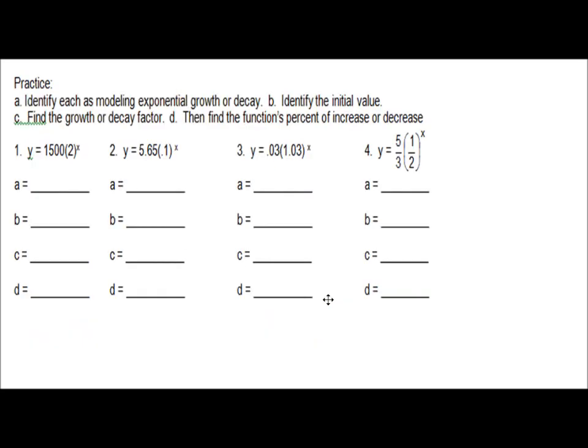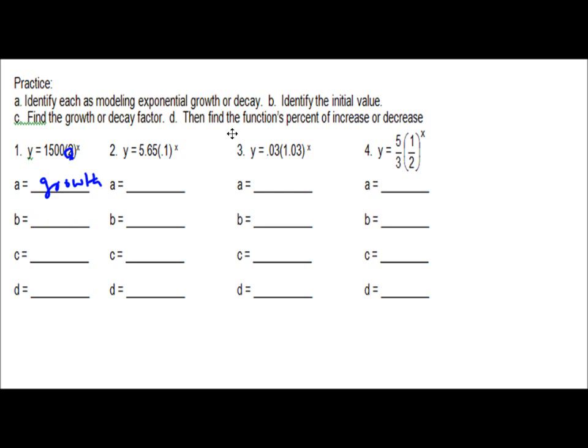Let's look at this practice. This is a good practice. Remember, look at A: identify each as modeling exponential growth or decay. In this particular question, 1500 times 2 to the x is a growth, because look at the growth factor. It is 2. The 2 is positive, more than 1. It's a whole number, so it's a growth.